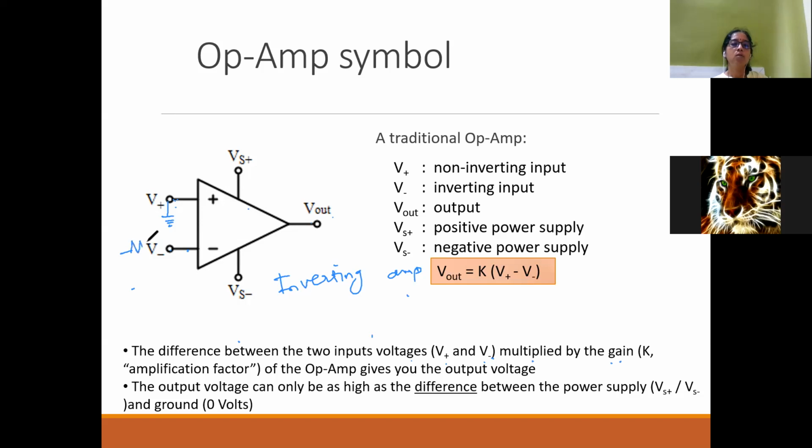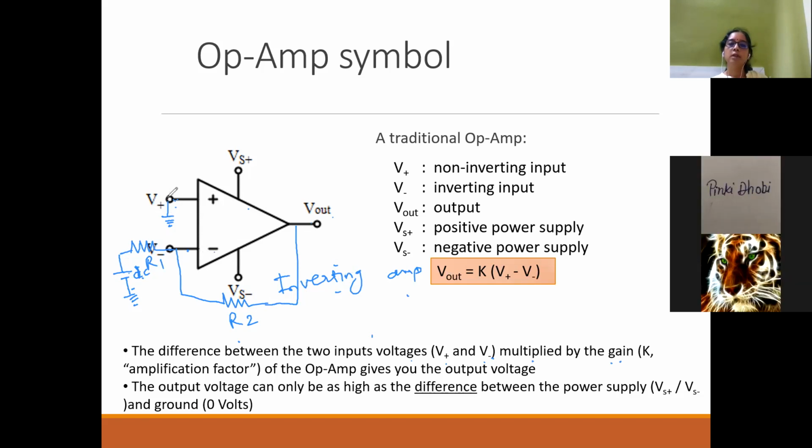Inverting terminal will have resistor R1 and some feedback resistor R2 will be there, and input is applied here. Then it will be inverting amplifier. That means when input DC supply is connected to inverting terminal, then it is called as inverting amplifier. If it is connected to non-inverting terminal, then that configuration will be called as non-inverting amplifier.